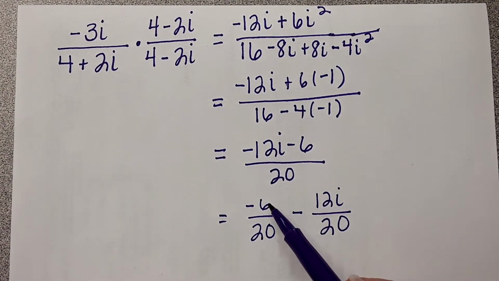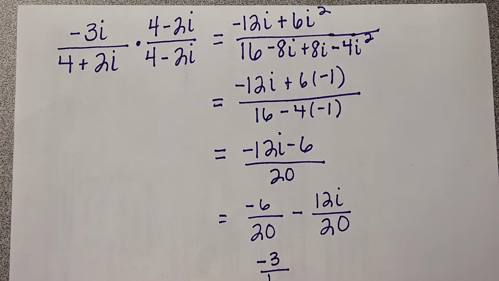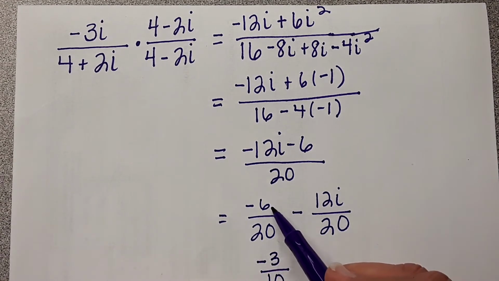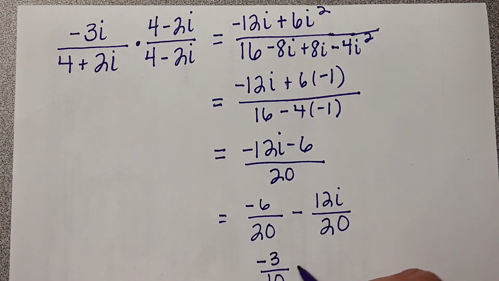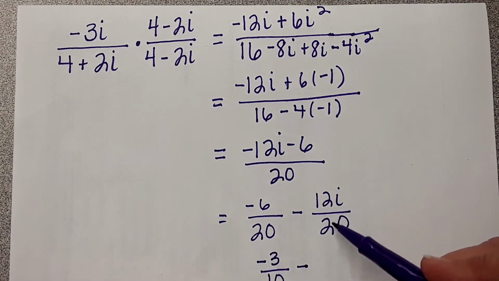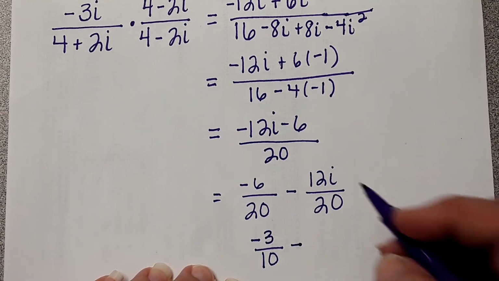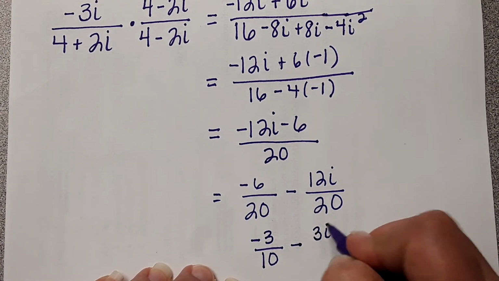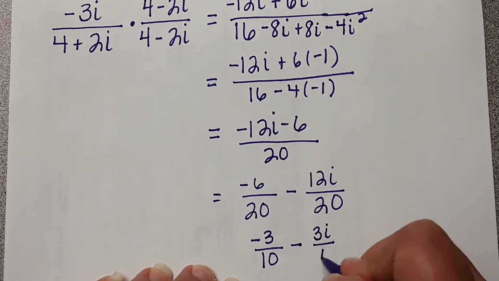So like this one, you can divide by 2, and you would get negative 3 over 10, because negative 6 divided by 2 is 3, 20 divided by 2 is 10, minus, well, 4 goes into both of those, so 12i divided by 4 is 3i, and 20 divided by 4 is 5.